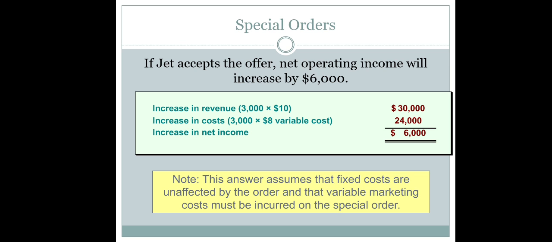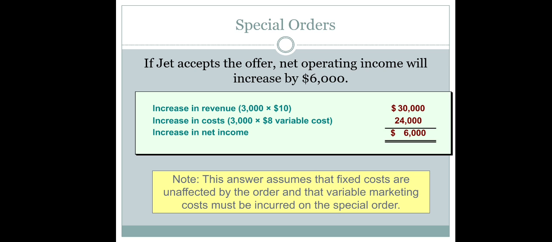If the profit of the business increases after accepting the order, then the business has to say yes and accept the special order. If the profit of the business decreases after accepting the special order, then the business has to say no.